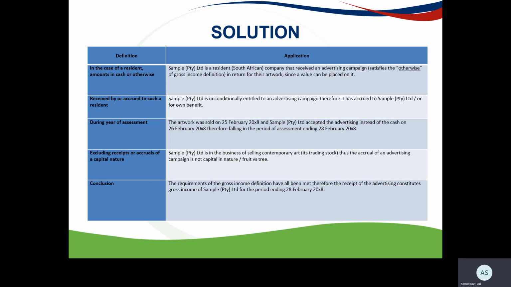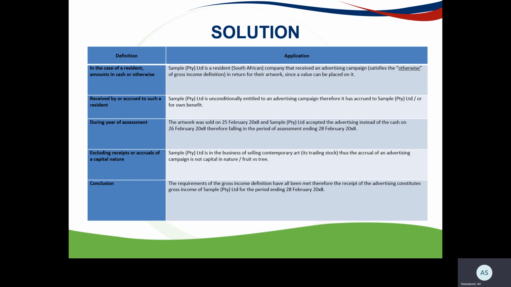During the year of assessment, so the artwork was sold on 25 February, and Sample accepted the advertising campaign instead of cash on the 26th of February, so it happened during the year of assessment. And excluding receipts or accruals of a capital nature, so Sample's business is the selling of artwork.